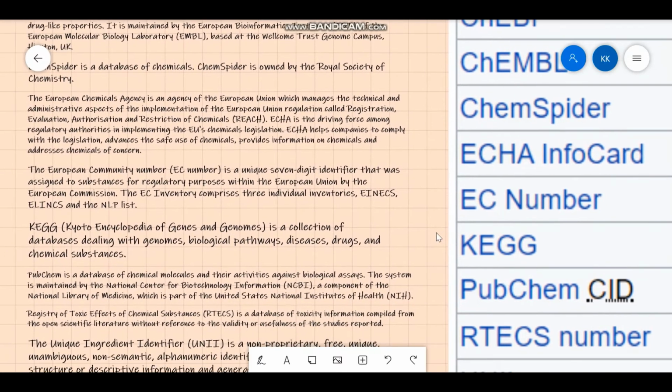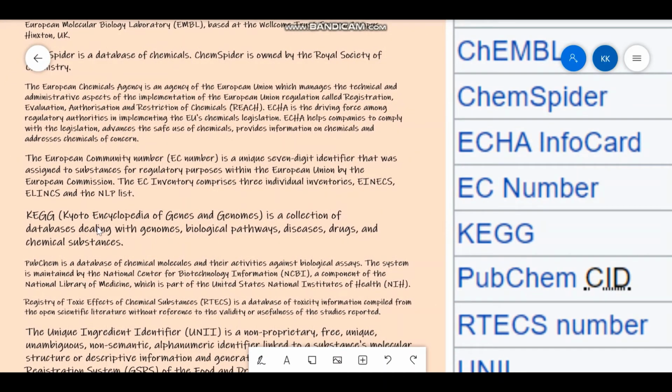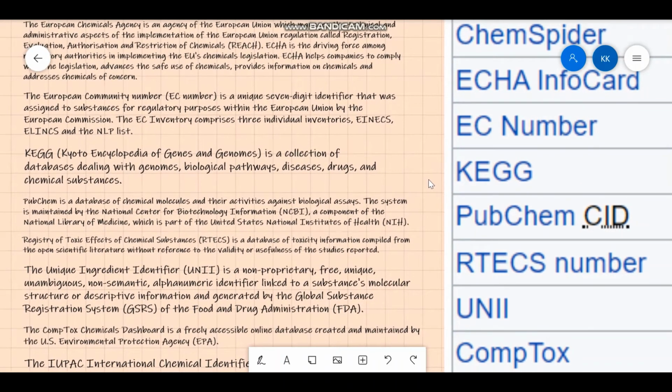Next we have the KEGG, which is short for Kyoto Encyclopedia of Genes and Genomes, a collection of databases dealing with genomes, biological pathways, diseases, drugs, and chemical substances. Next we have PubChem. PubChem is a database of chemical molecules and their activities against biological assays. The system is maintained by the National Center for Biotechnology Information (NCBI), a component of the National Library of Medicine. It is part of the United States National Institutes of Health, also known as NIH.